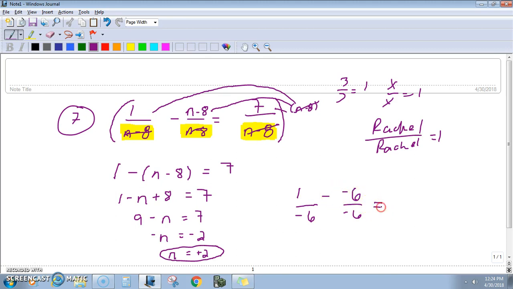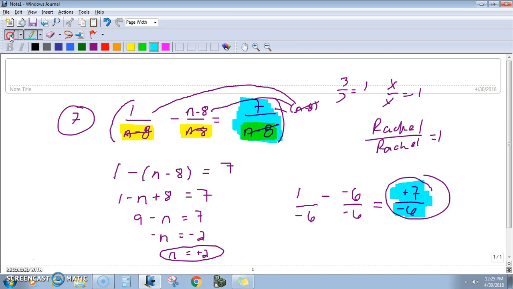If I just add these together, I get 1 minus negative 6 is positive 7, and I just keep that denominator negative 6. So that would be 7 over negative 6. So positive 2 works.